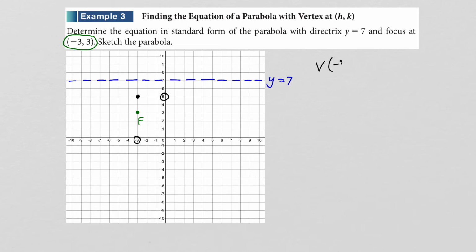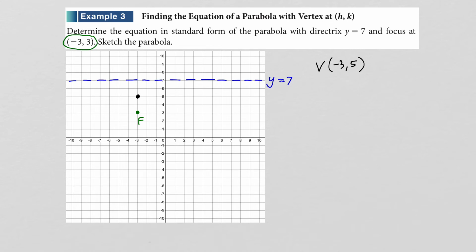So the vertex has coordinates (-3, 5). Now the other thing that we know from this is that this parabola will be opening down, right? It has to look something like this, opening down, because it always opens toward the focus. So this is a downward opening parabola.